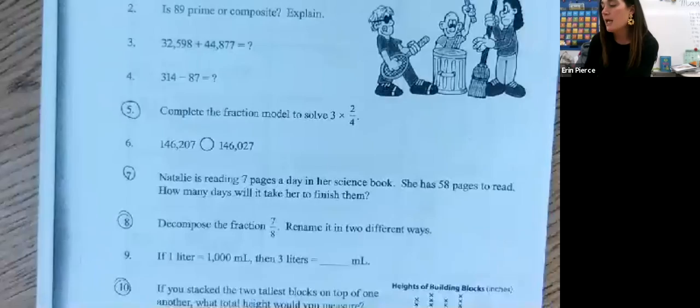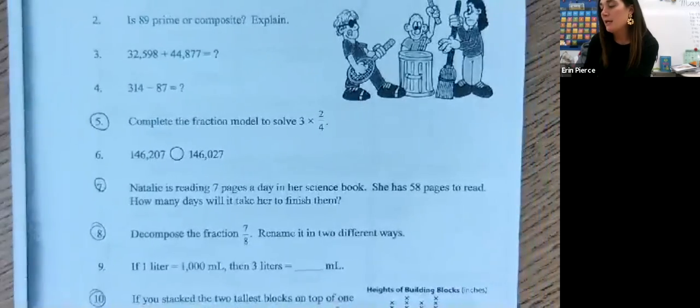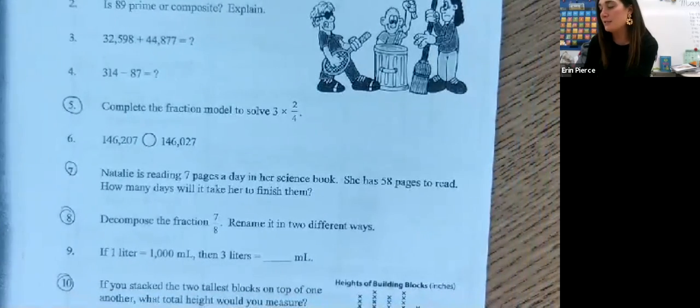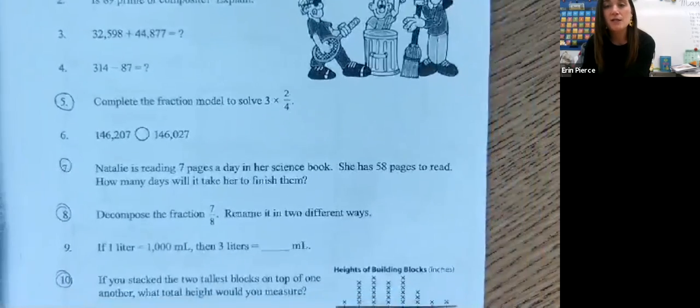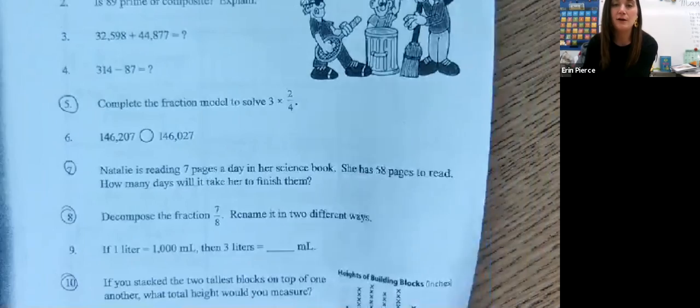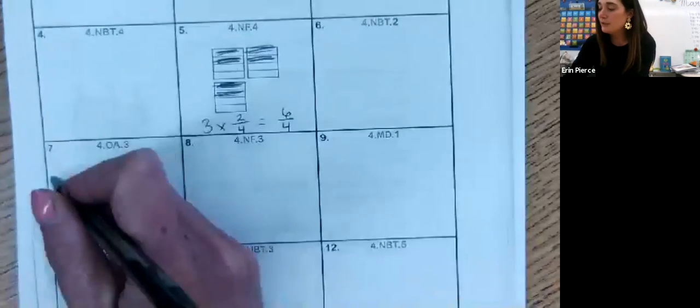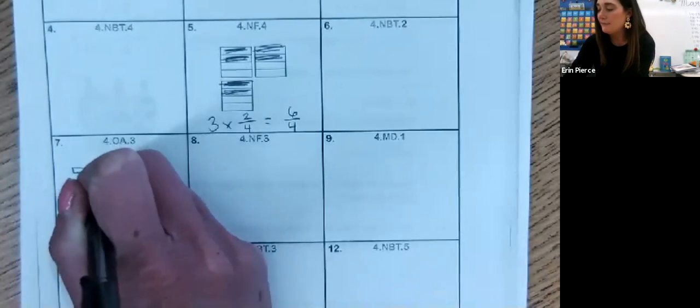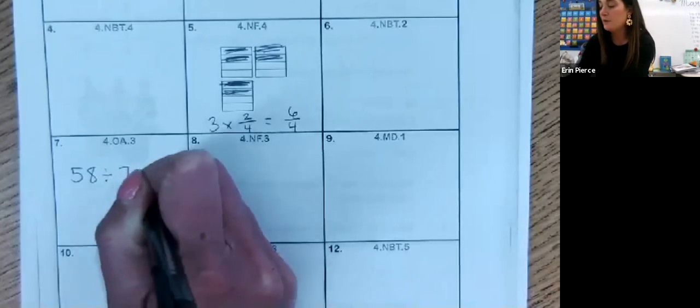My next question I was going to go over is number 7. Natalie is reading 7 pages a day in her science book. She has 58 pages to read. How many days will it take her to finish them? So that is number 7. So really we're doing 58 divided by 7.